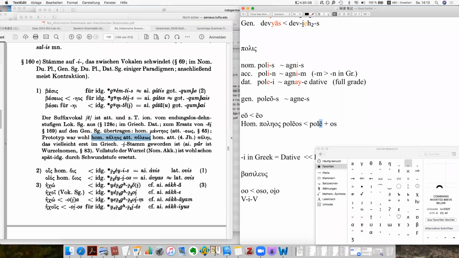And what is this a? And this a is actually the lengthened grade. Lengthened grade of E. Yeah, lengthened grade of E. So lengthened grade of E is called A. Yeah, A. And again, A is actually not written.